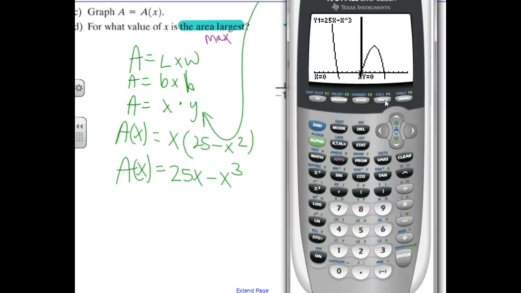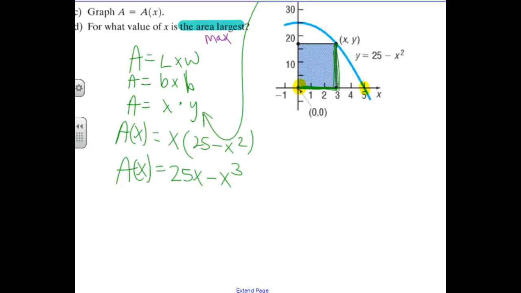Now that's not bad. I'm going to find the max. Second, calculate. I'm going to find number 4, the maximum this time. My guess left will be 0. My guess right will be 8, just because I think it goes out to 10. I'm going to guess a 5. So that's my guess left, guess right. It looks like 2.89. That's not bad.